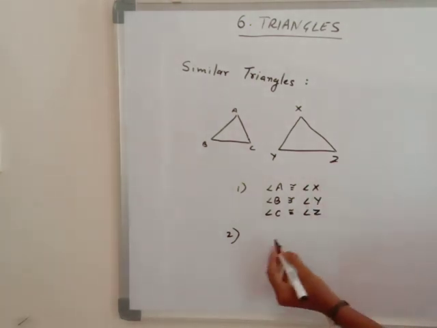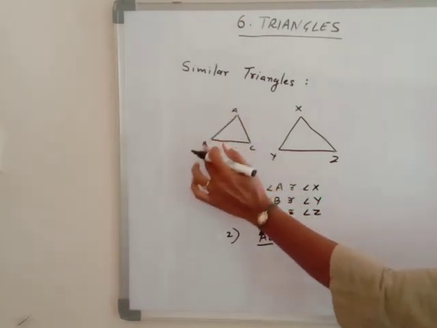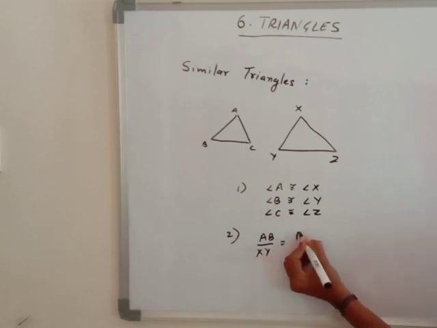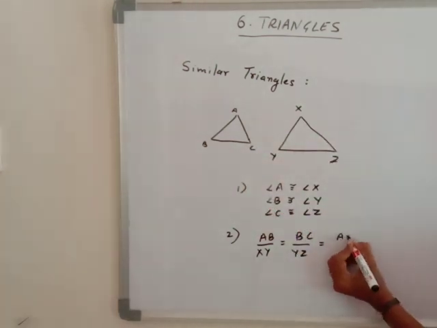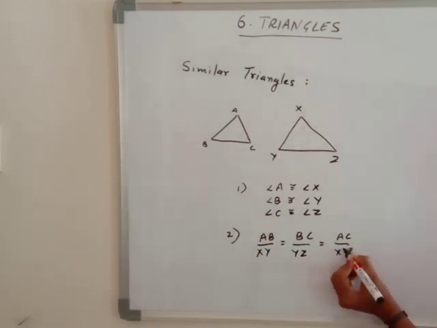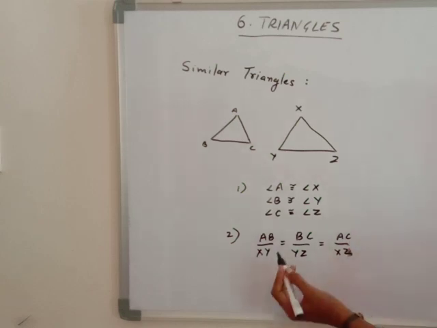And the second condition is the corresponding sides. Which is the corresponding side for AB? XY. AB by XY must be equal to the corresponding side BC by YZ, must be equal to AC by XZ.